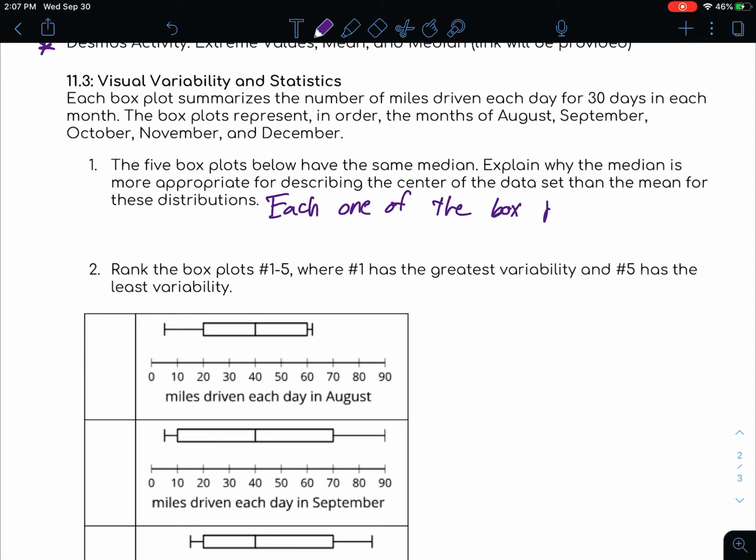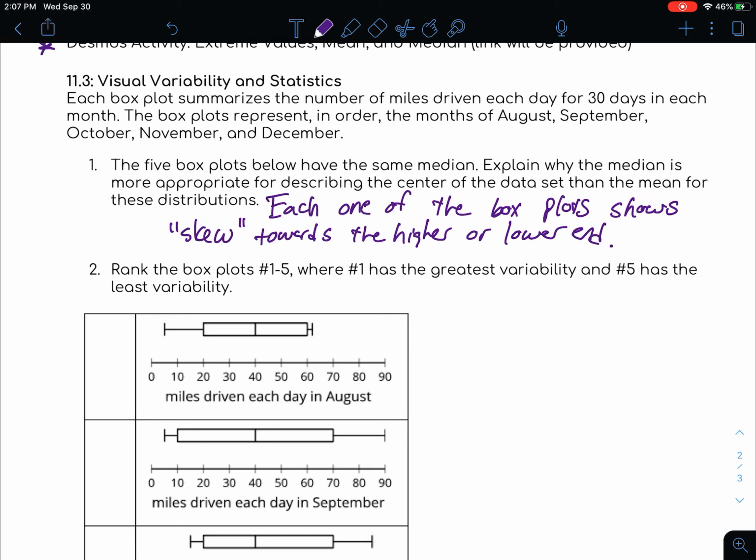Each one of the box plots shows skew, either skew towards the higher end or lower end. In these cases, the median is a better measure of center.